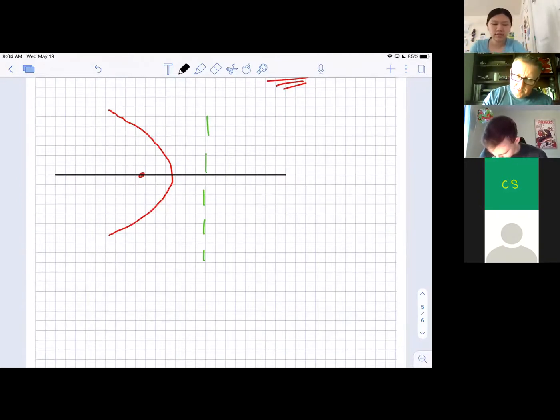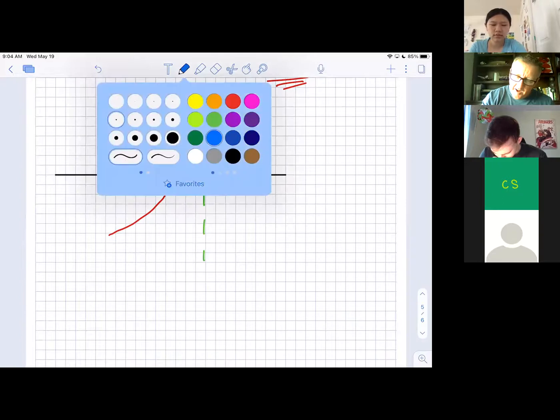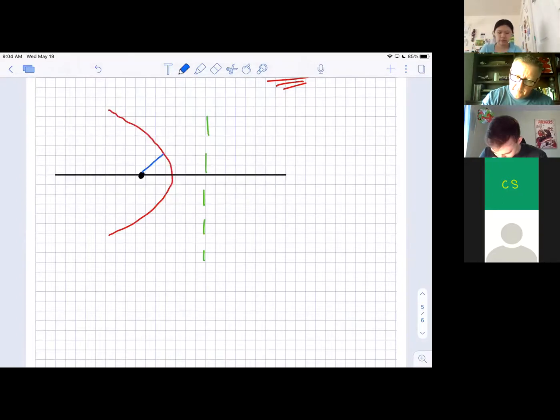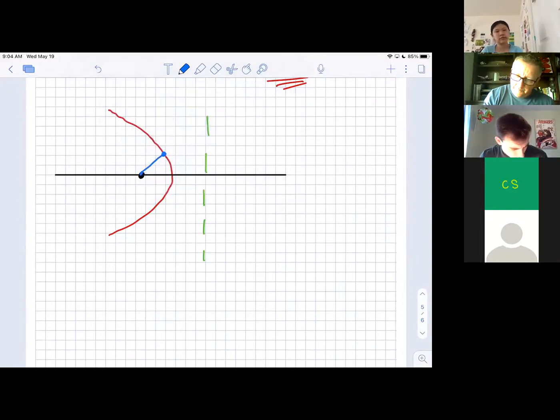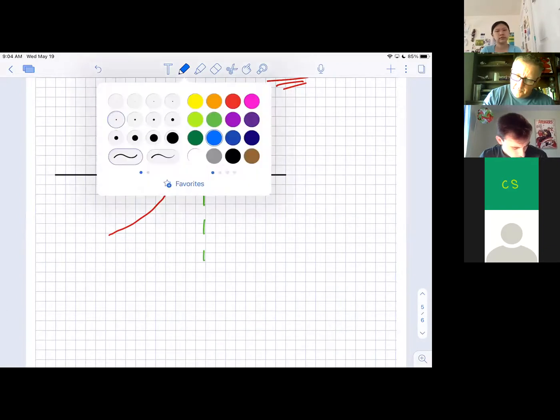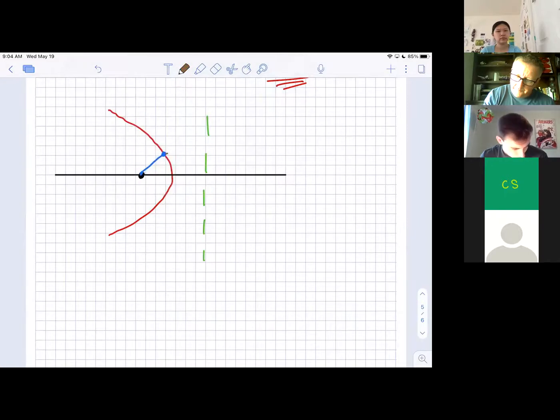So we got our focus. And so the points on this graph were effectively determined by this distance and, blue, it's already blue, what am I doing? Green, red, brown. Let's go brown. And that distance, right?